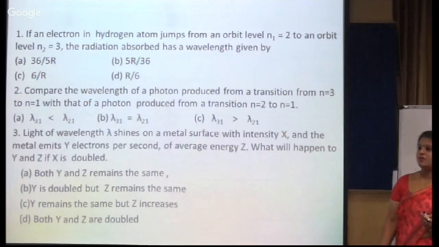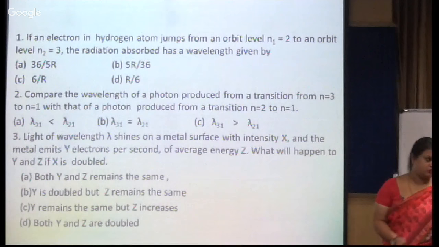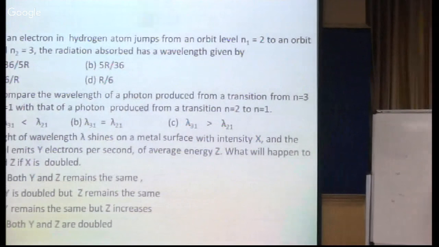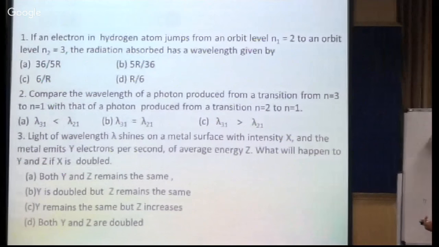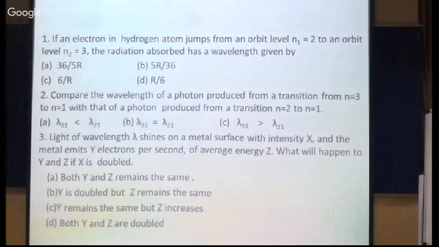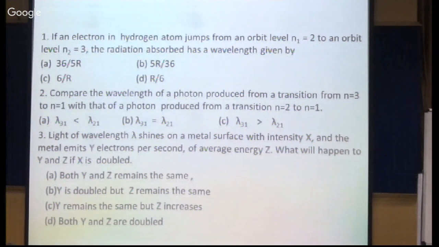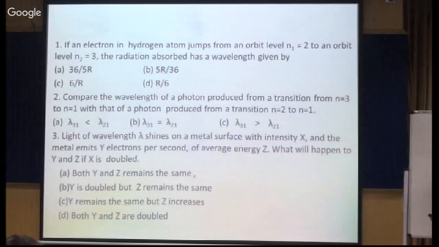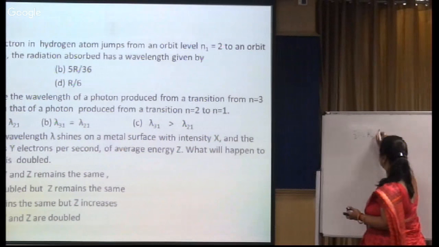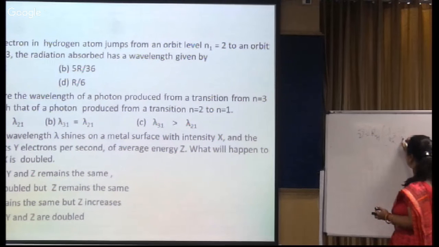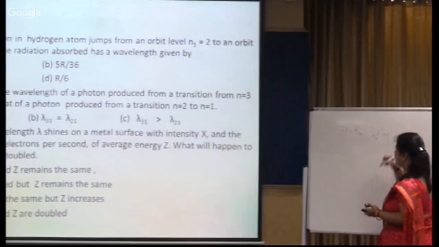They're all simple. The formula is already known to you people. Wave number we have just discussed is equal to Rydberg constant times 1 upon ni square minus nf square.